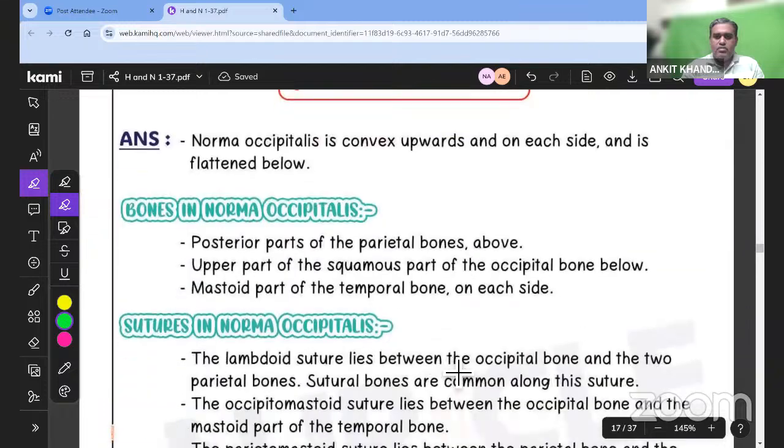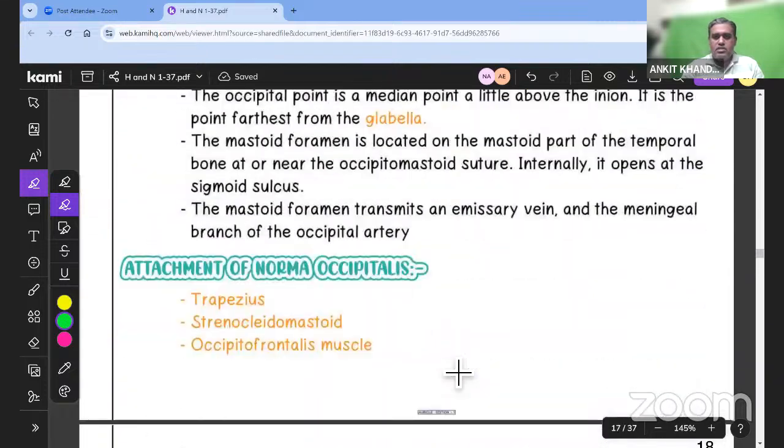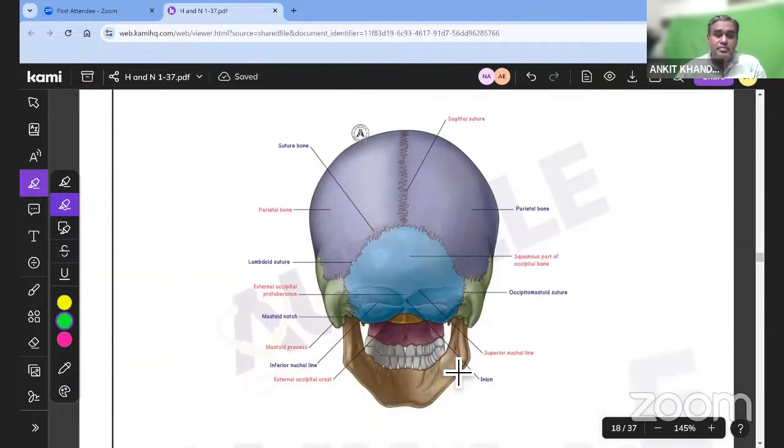Let us look at another view. This is going to be the posterior view, norma occipitalis from behind. From behind, again, you're seeing the sagittal suture and the lambdoid suture. But behind you see a very big prominence. Just try to feel the occipital bone behind. In the center, you will feel a very prominent bony structure coming out. That is known as external occipital protuberance.